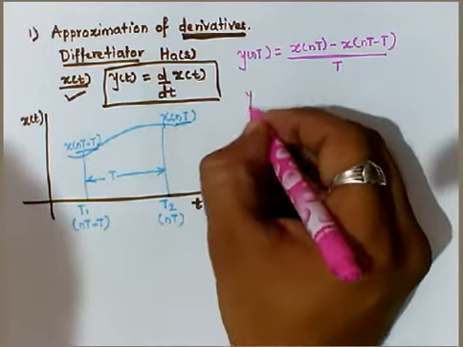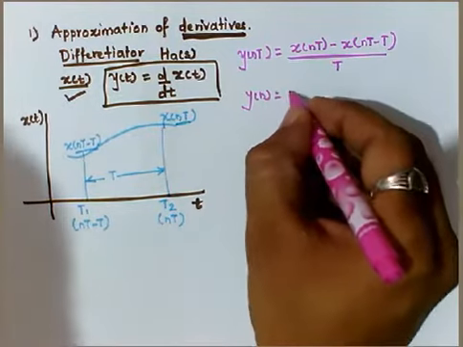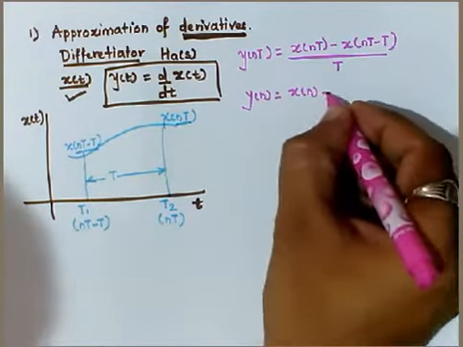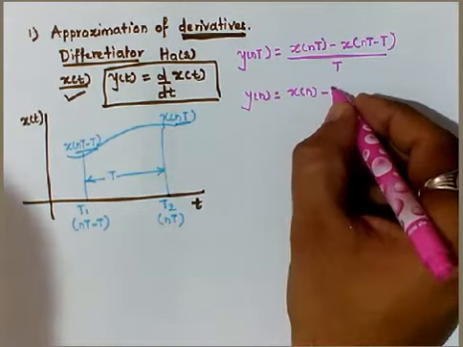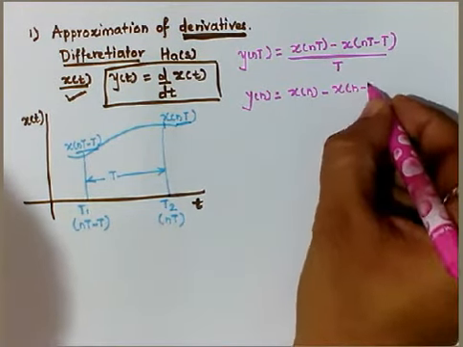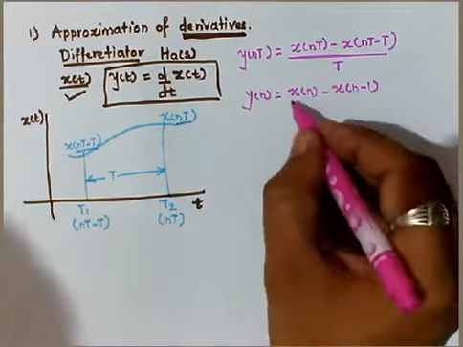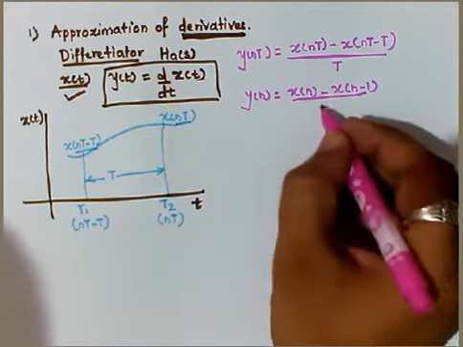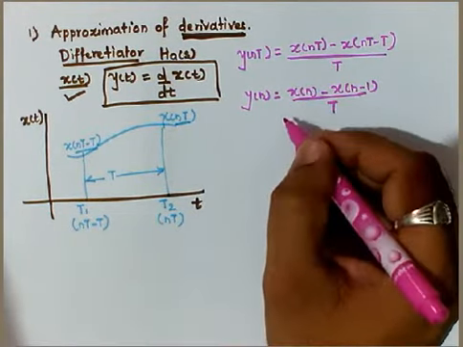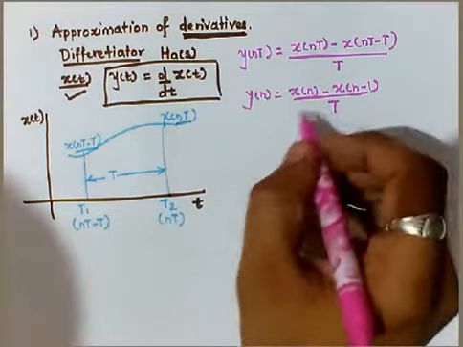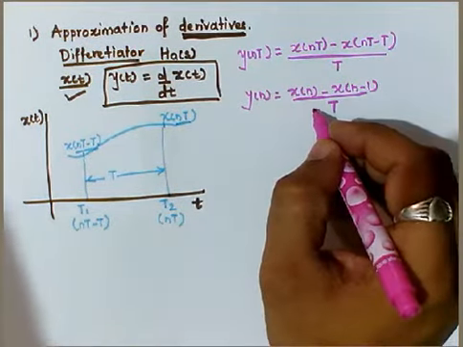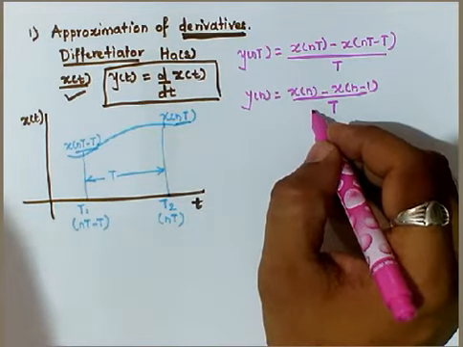So this becomes y(n) is equal to x(n) minus x(n minus 1) divided by T. We will make the change only at the numerator and let the denominator stay.